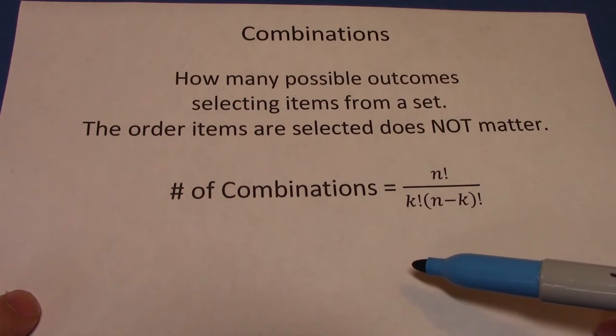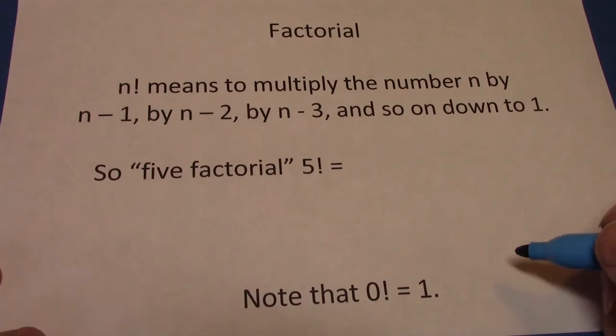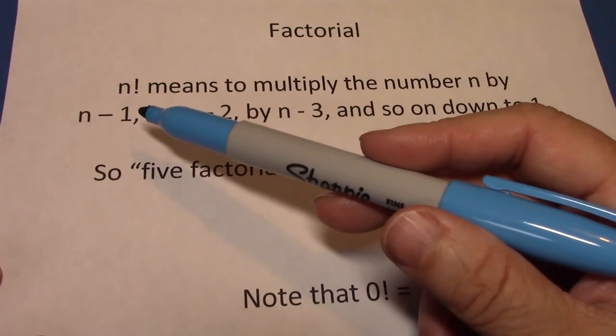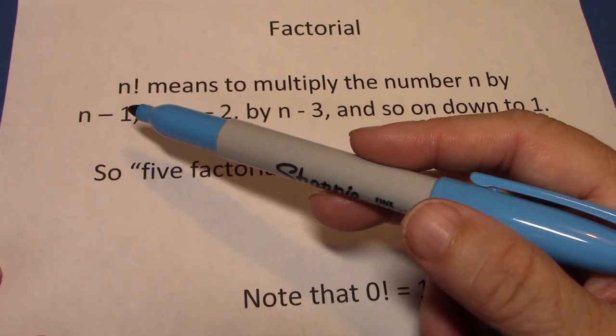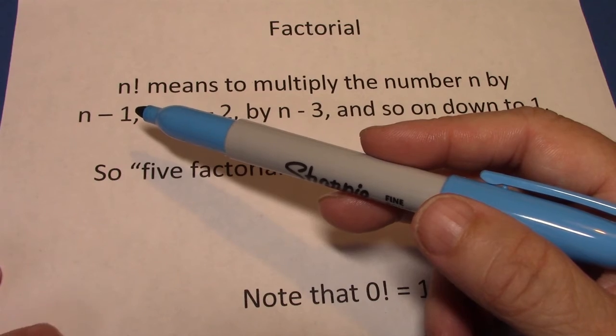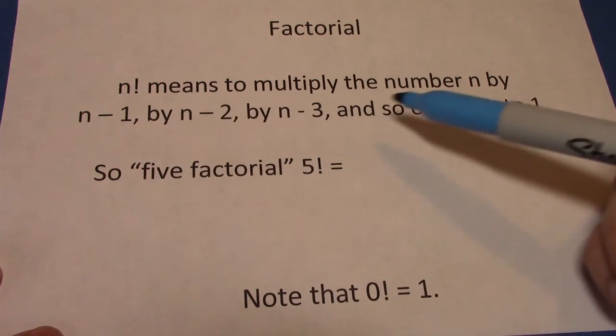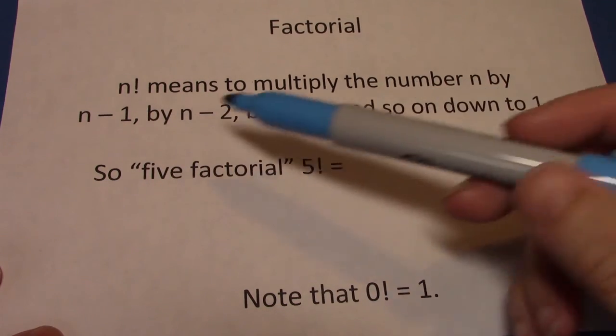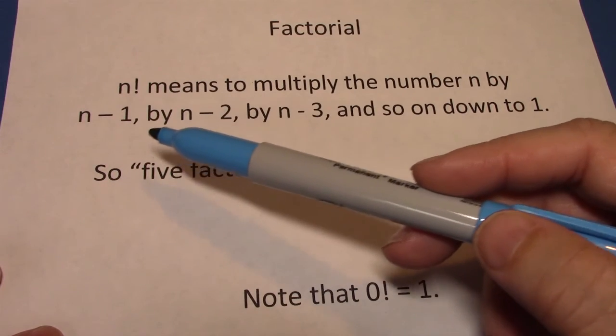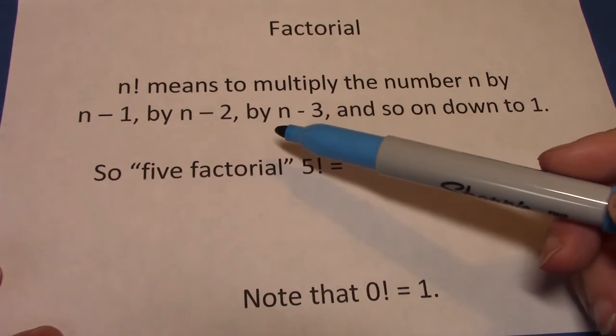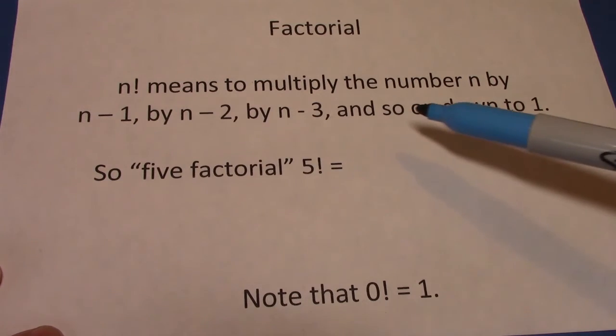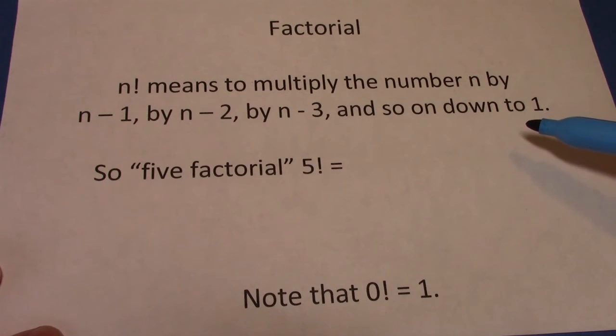I know that looks confusing, and obviously first of all we need to talk about what factorial means. This symbol, the exclamation mark, means factorial. We read this n factorial, and it means that we're going to multiply the number n, whatever that is, by itself minus 1, by itself minus 2, by itself minus 3, and on and on until we get down to the number 1.